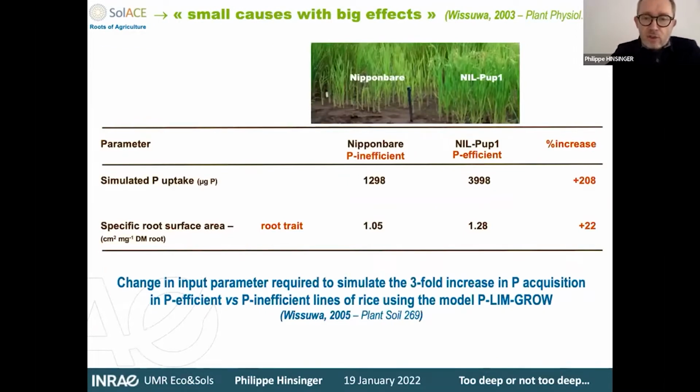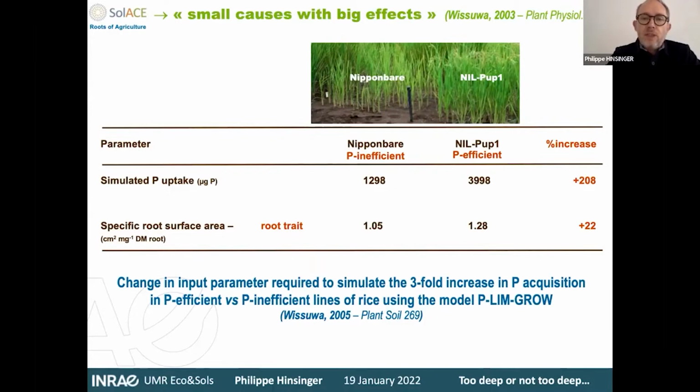So I've got to start with this great example of a work by a geneticist, Matthias Wissuwa, started in the early beginning of this century. And that's a work where he looked in very poor soils, in the Philippines, volcanic soils, high phosphorus fixation capacity, so a very big constraint on phosphorus availability.